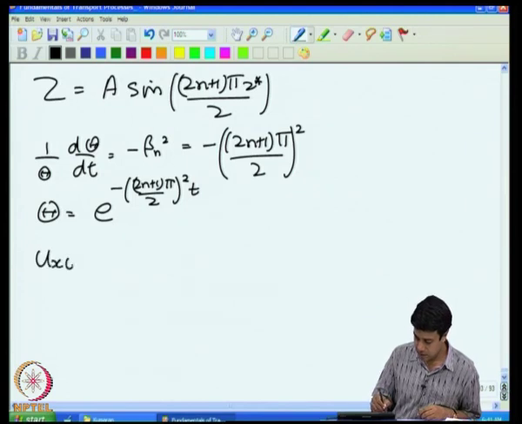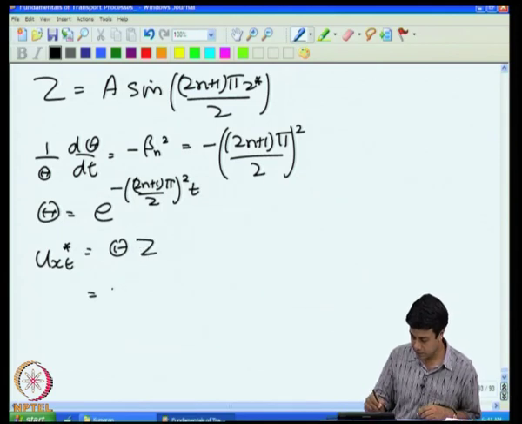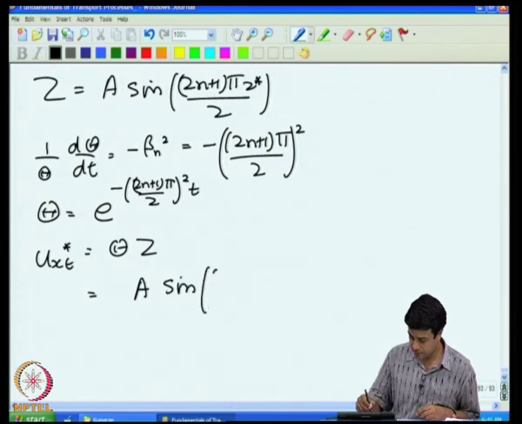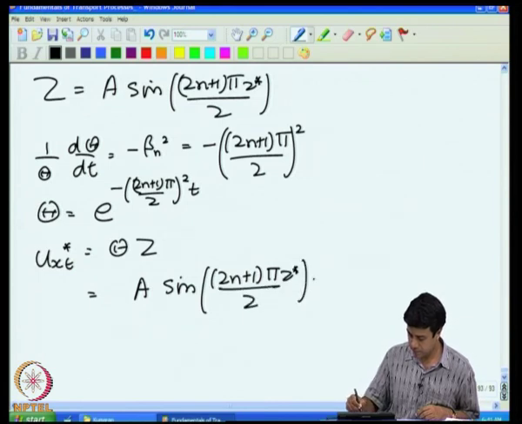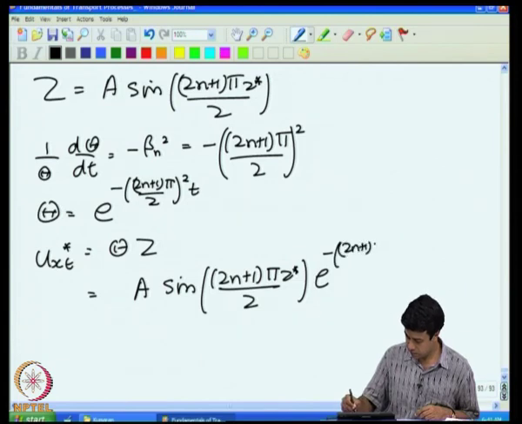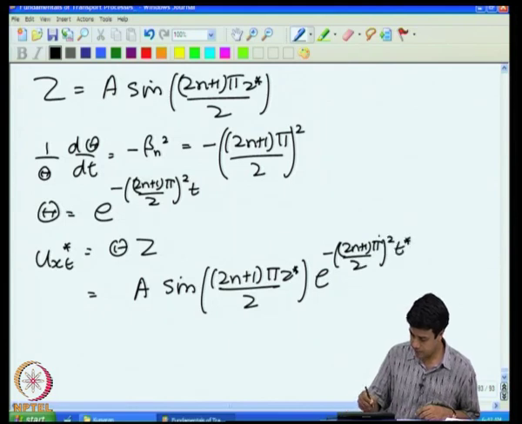Ux transient will be equal to theta times Z, which is equal to a times sine of 2n plus 1 pi z star by 2 times e power minus 2n plus 1 pi by 2 whole square t star.